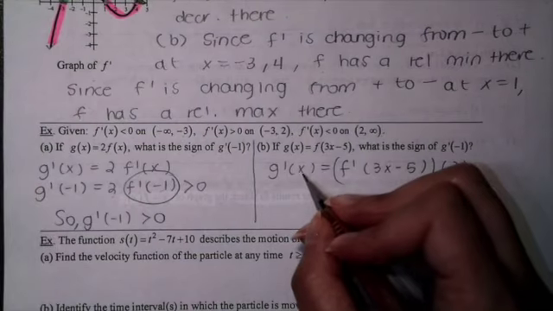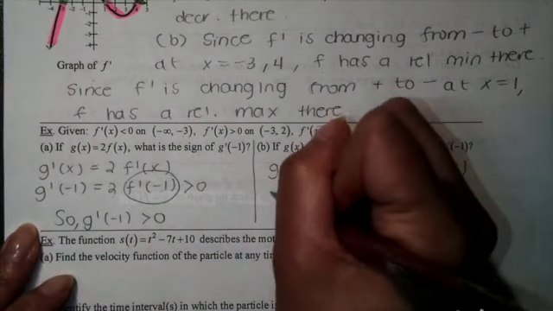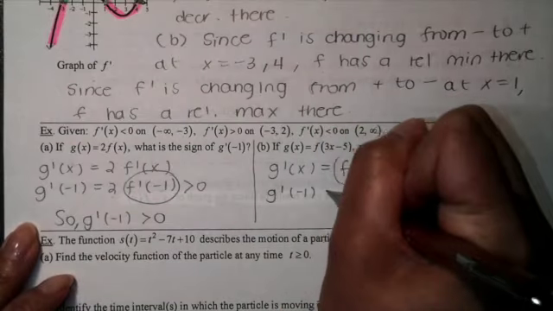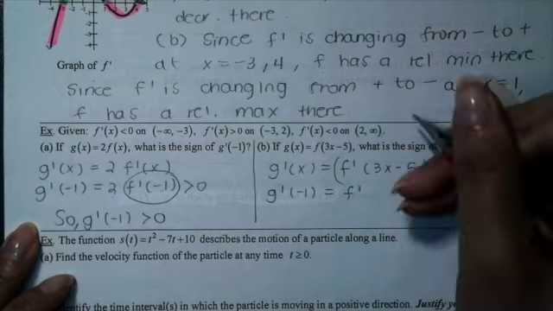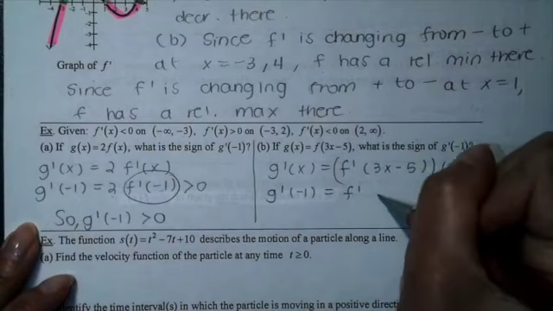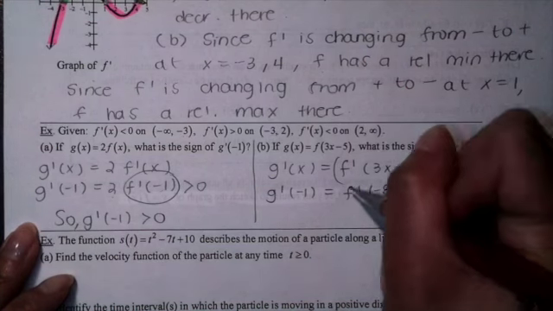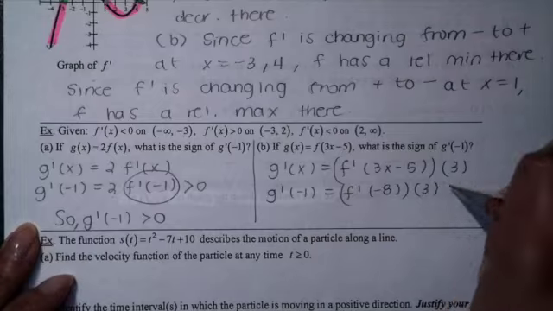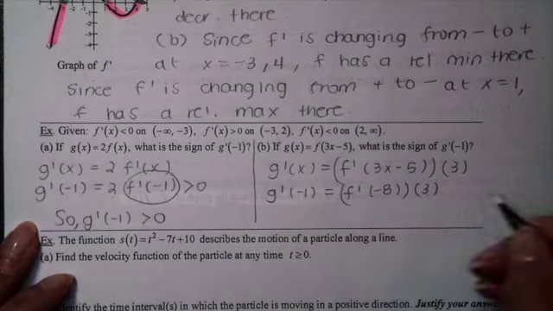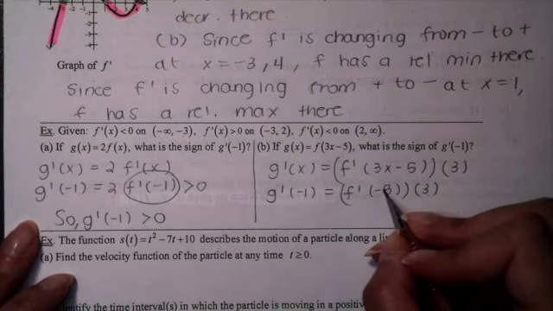So then let's plug in the value. You plug the negative 1 here. When you plug the negative 1 here, that's going to be what? Negative 8, because negative 3 minus 5 is negative 8. All of this times 3. You know that this 3 is positive, right? But what's up with the negative 8?